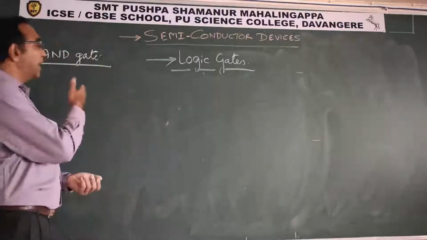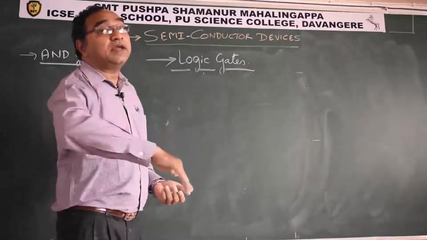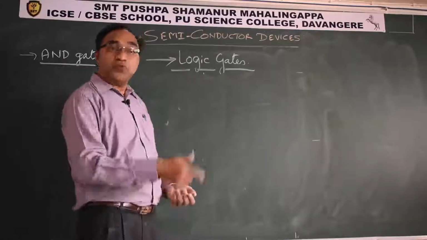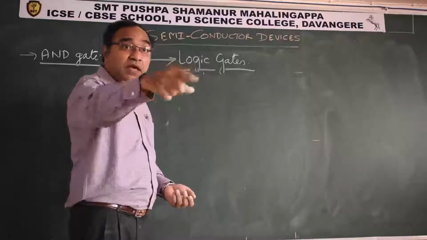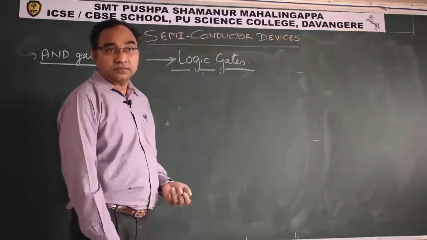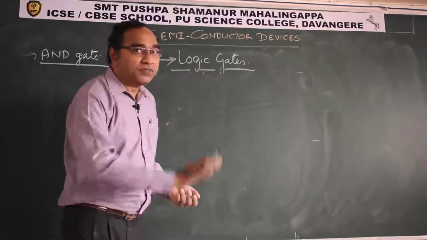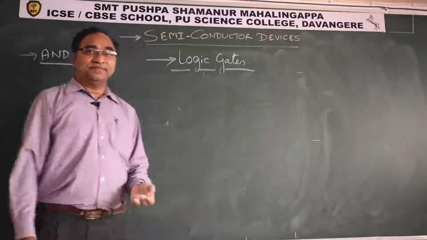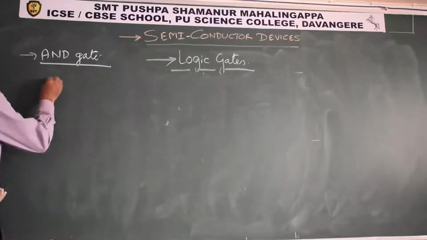Understand the meaning of the word and. OR was: if this or this or this, any one of the inputs is true, we get output. But in AND everything has to be true, then only there is output. If any one of the conditions becomes false, no output. This is the AND gate. Got it? So the symbol of the AND gate is like this.